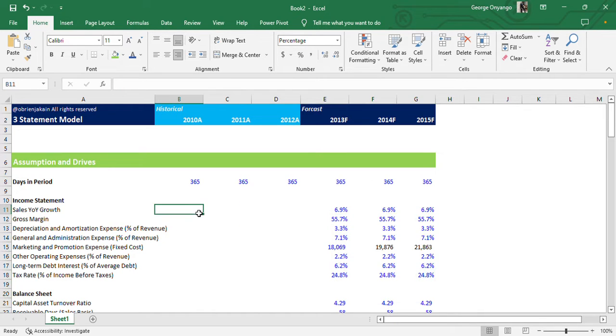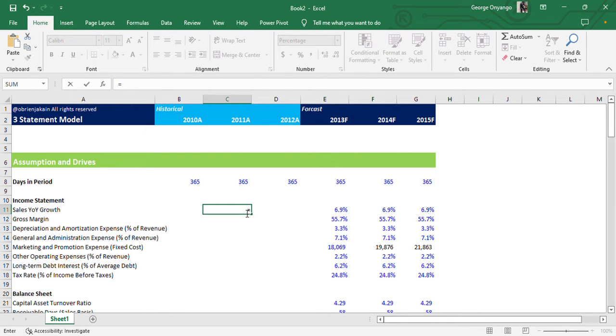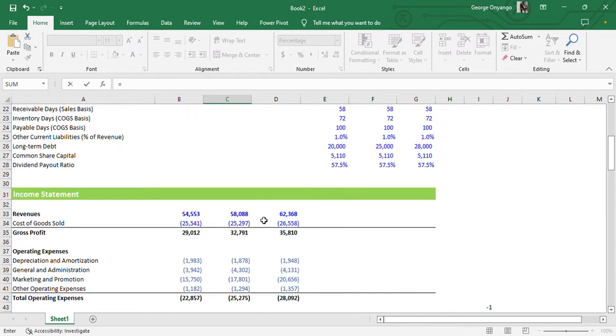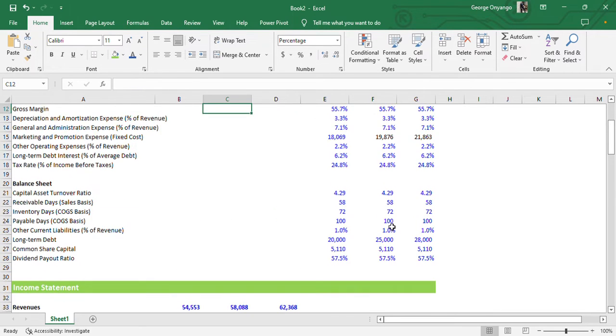We can't get the sales growth for the year 2010 because we don't know the revenue for the year 2009, but we are able to get the one for 2011. We get that by dividing the one for 2011 by 2010, then we subtract 1 because we just want the growth.